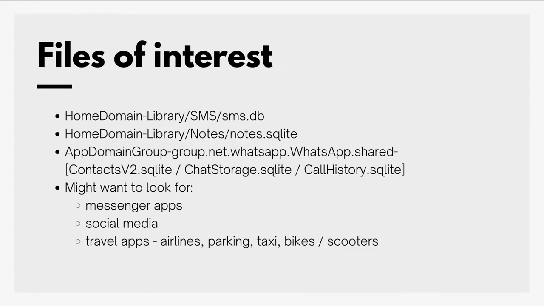Obviously you might think airlines and taxi apps like Uber or Lyft, but there will be applications such as parking applications that are much more regional. For example, I'm not sure how it works in the US, but in the UK every city will have a different application for paying for parking, and their databases will look different, and maybe you will be able to find some interesting information there.